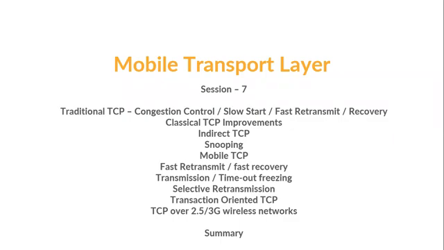These are the topics we'll be discussing. First we'll try to understand how traditional TCP works in terms of congestion. When congestion occurs, how does traditional TCP handle it through slow start, fast retransmit, or recovery? And then we'll discuss several classical TCP improvement techniques to support mobility, like indirect TCP, snooping TCP, mobile TCP, fast retransmit and fast recovery, transmission or timeout freezing, selective retransmission, and transaction oriented TCP.